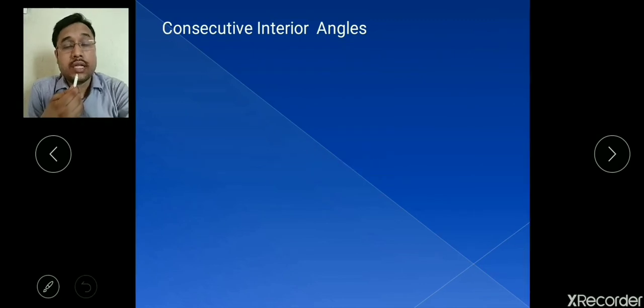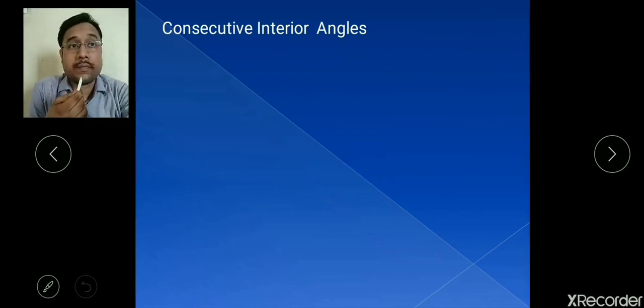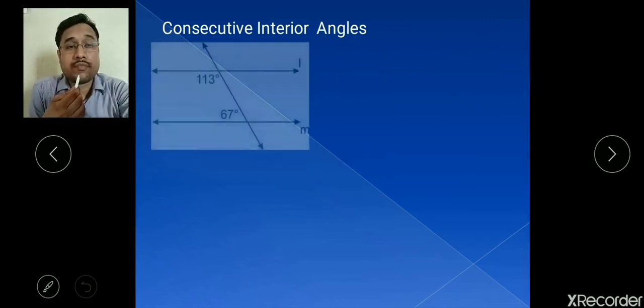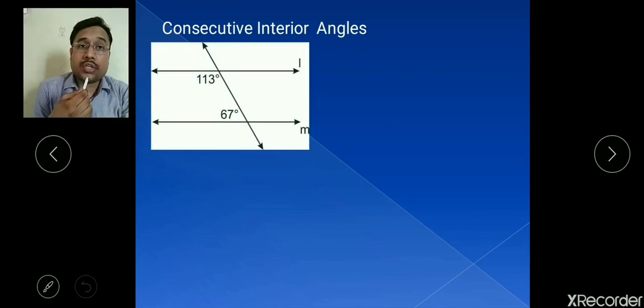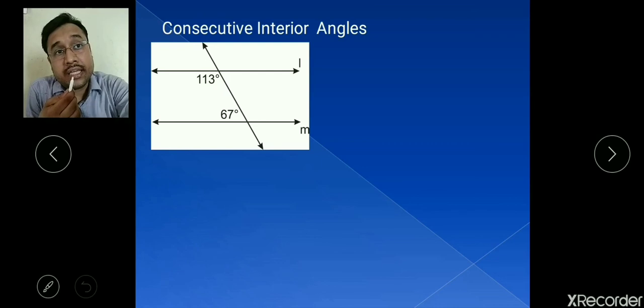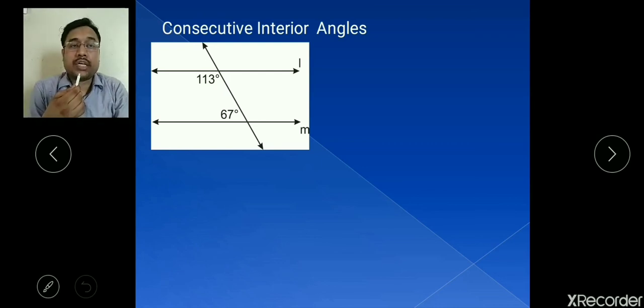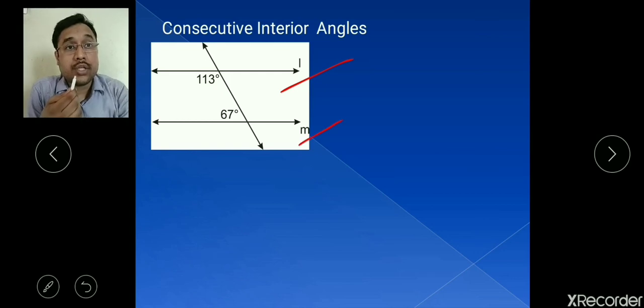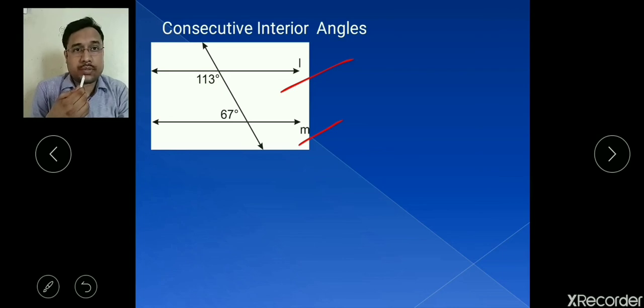Okay students, next consecutive interior angles. With this diagram you can understand these consecutive interior angles. Both are interior angles only. That means they are lying on the inner side of the given lines L and M, which are intersected by the transversal.